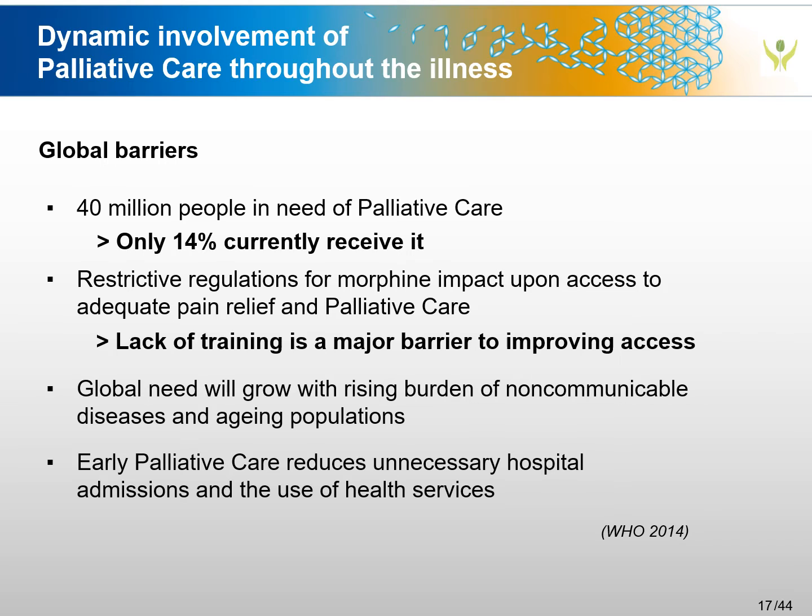Additionally, lack of training is a major barrier to why people do not gain access to palliative care services. This resolution also indicated that the global need will grow with the rising burden of non-communicable diseases and aging populations. Finally, it showed that early palliative care reduces unnecessary hospital admissions and the use of health services, which comes with reduced costs for health expenditures.